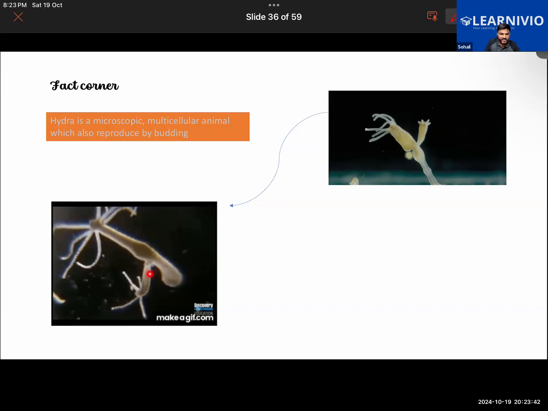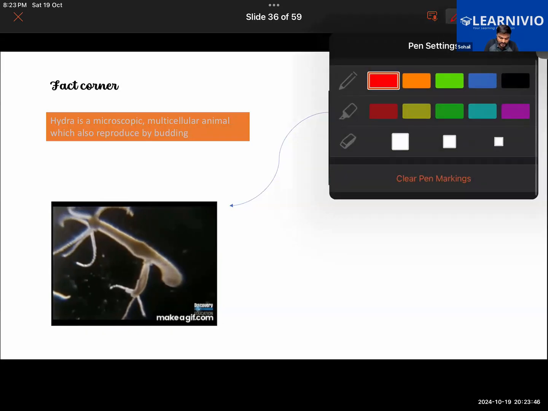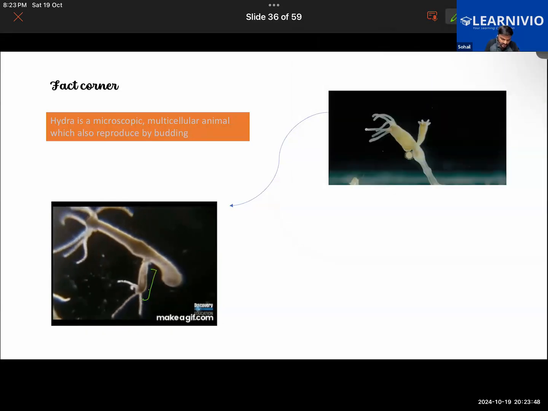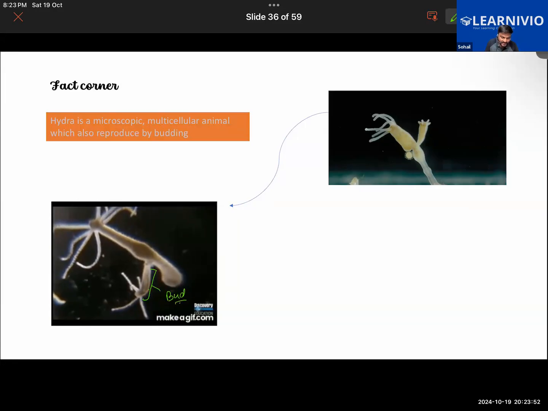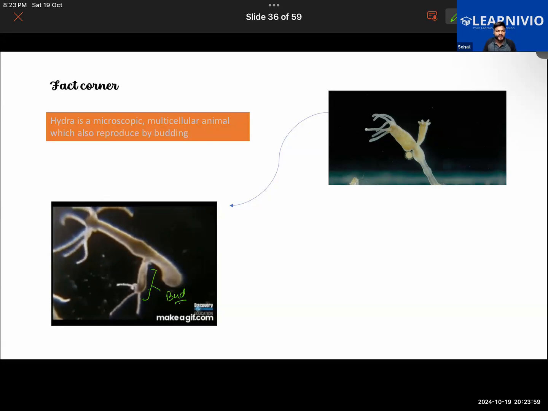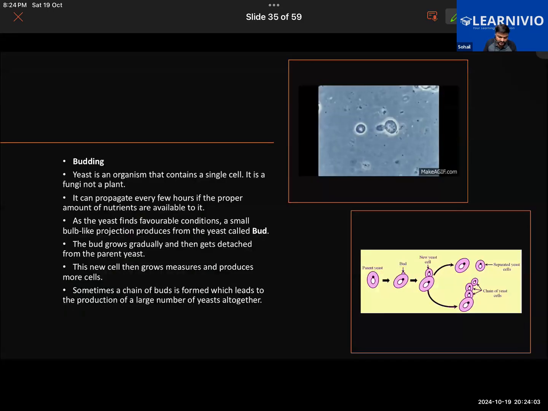In this, a small outgrowth forms from any part of the body, and this is called the bud. Later on, it will grow and finally detach from the parent organism and start to grow separately. That is an important thing. If there's any question in this, please let me know.